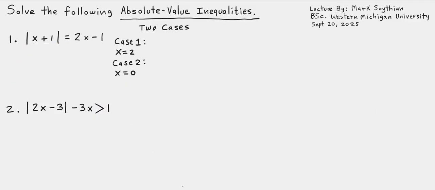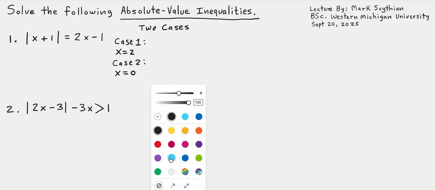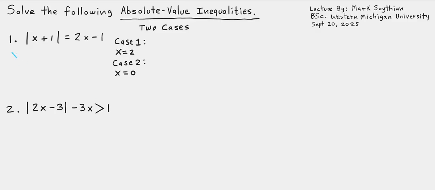So we'll write the final answer for problem number 1 as x is equal to 2 and x is equal to 0. So that's the final answer for problem number 1.